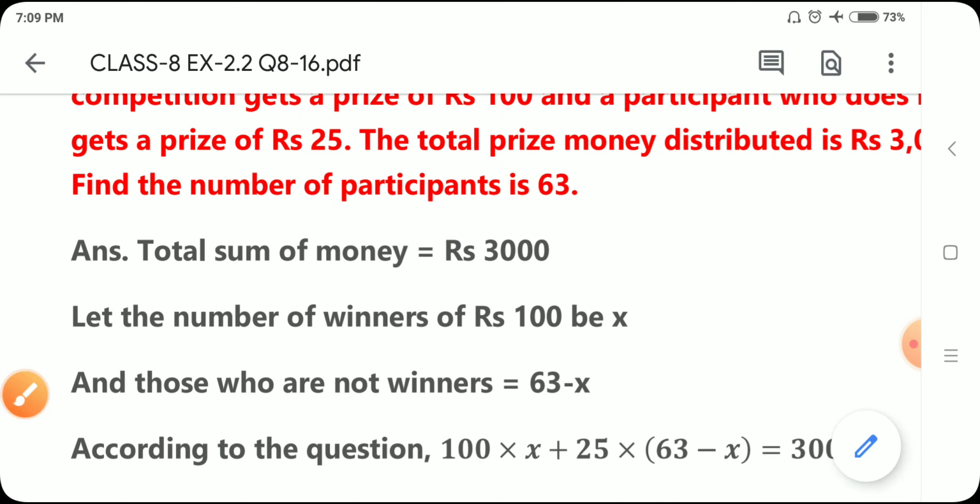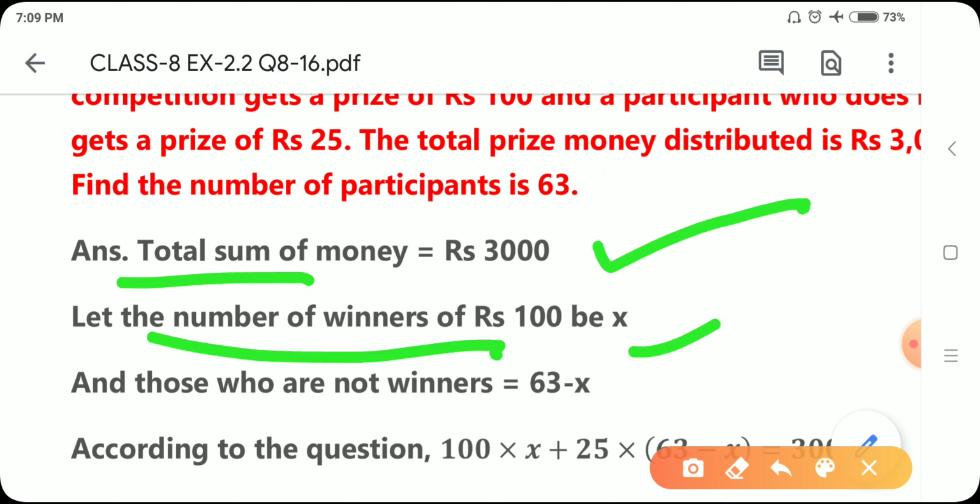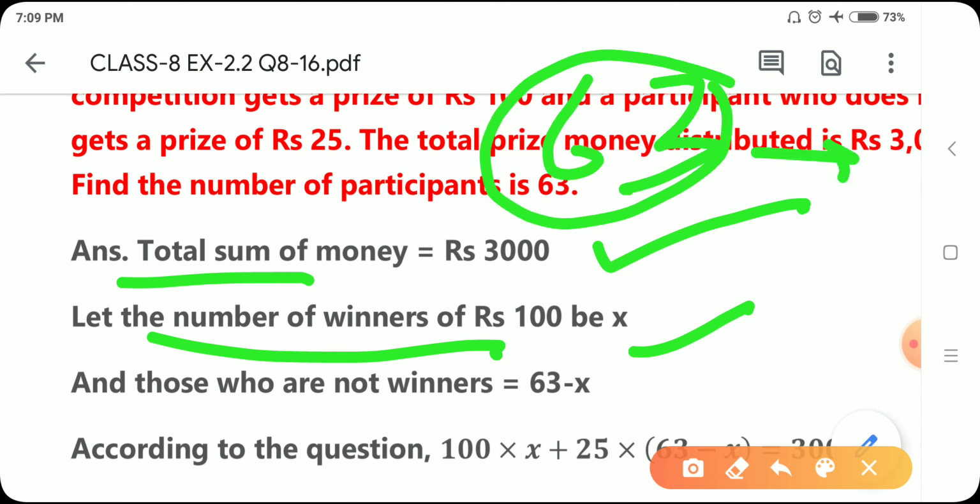Okay, so let's see. Total sum of money is rupees 3000. Let the number of winners be x. Now total number of participants are 63. If x participants win, then the number of participants who are not winners would be 63 minus x.